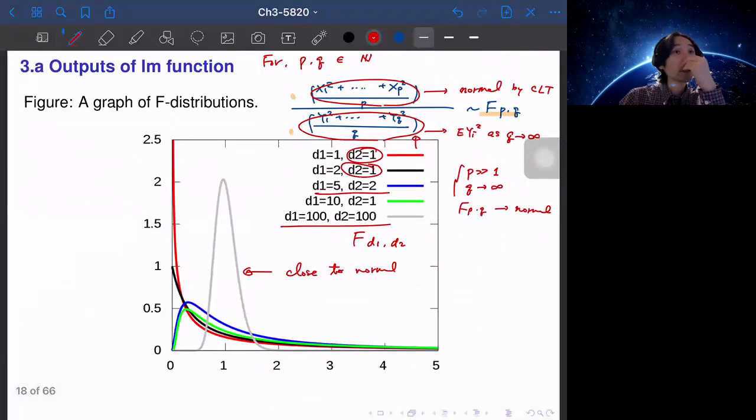Any other questions? Yeah, so the idea of the F distribution is that both are variances, right? The sum of squared random variables is basically similar to the variance formula. So this F random variable represents the ratio of two variances. The ratio of two variances is important.